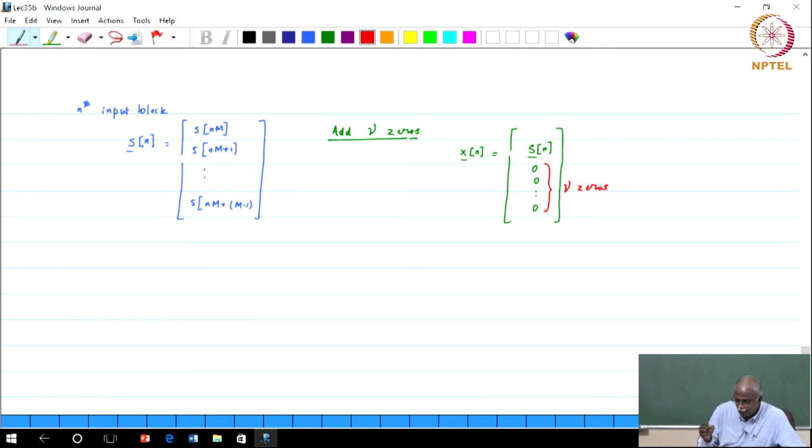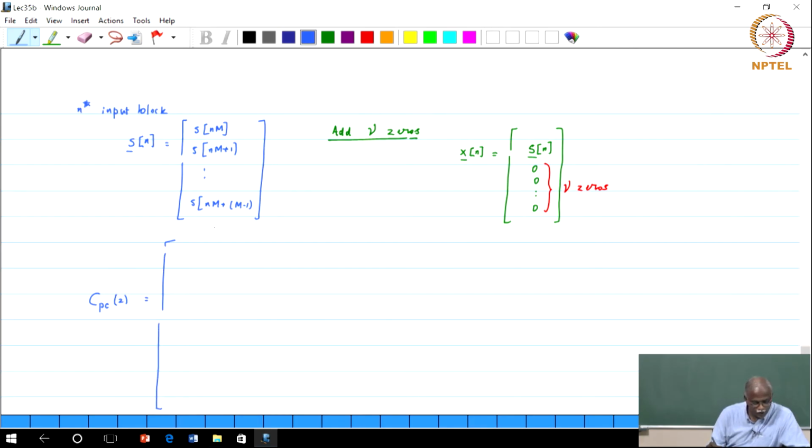But the most important step is, if I am going to feed this to my channel, can you now tell me what will be the structure of the pseudo circulant matrix that is caused by the channel. Okay. So, here is the key part of this discussion, pseudo circulant of Z.